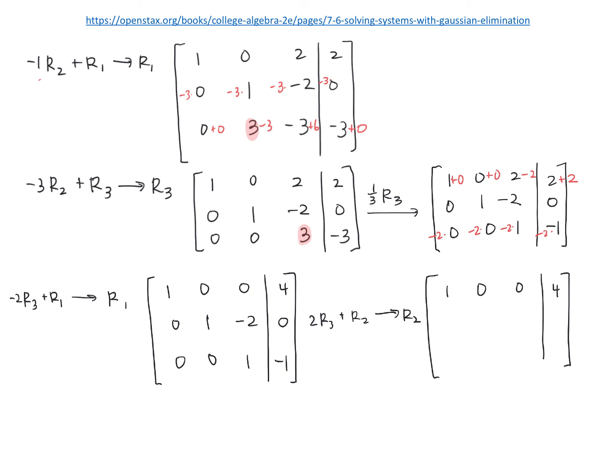Now I'm going to multiply row 3 by 2. 2 times 0 is 0. 2 times 0 is 0. 2 times 1 is 2. And 2 times negative 1 is negative 2. So when we find those sums, we'll get 0. 1 plus 0 is 1. Negative 2 plus 2 is 0. And 0 minus 2 is negative 2. And then the last row.